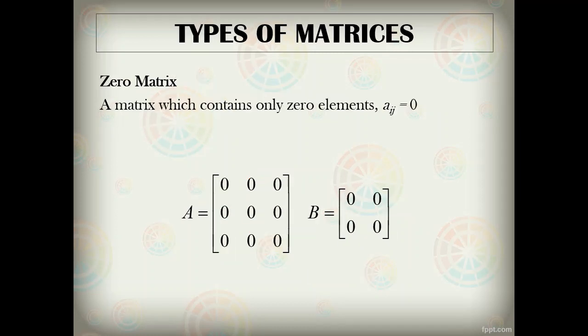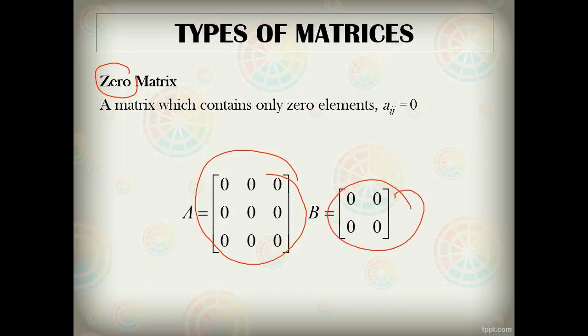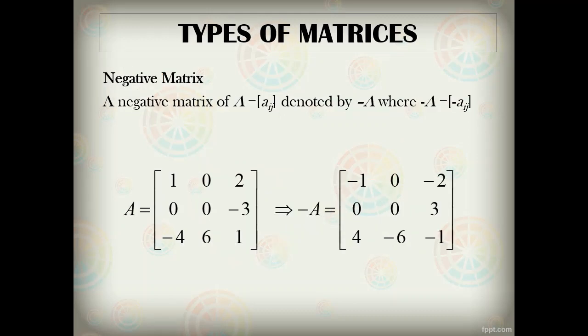The fifth is zero matrix. When it is mentioned as zero matrix, it means all the elements are 0. Let's say you have matrix A like this, and you want to find the negative matrix.